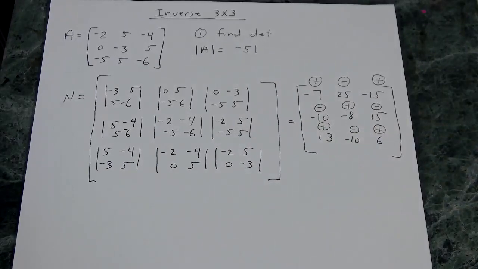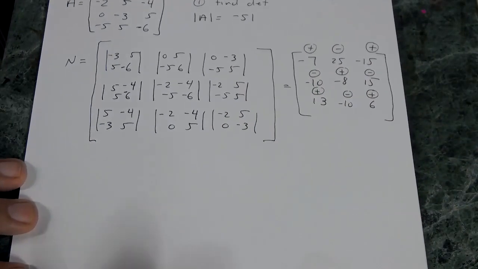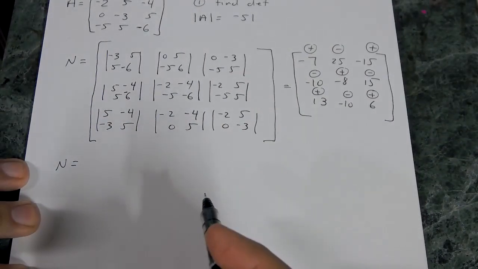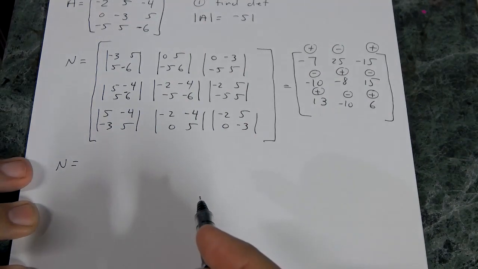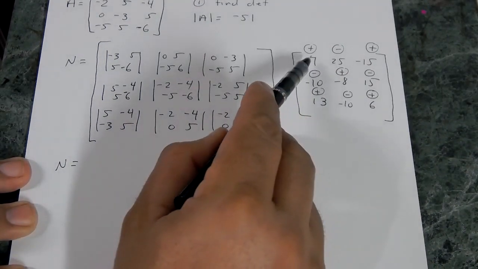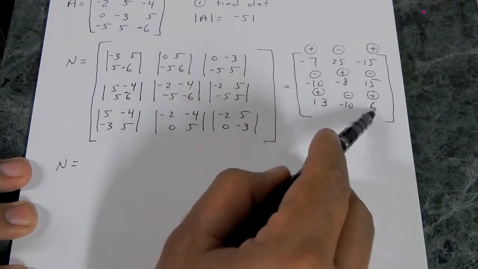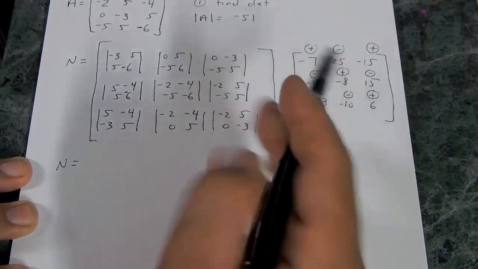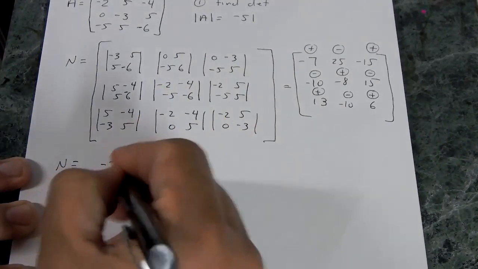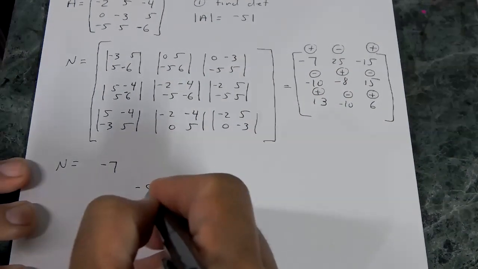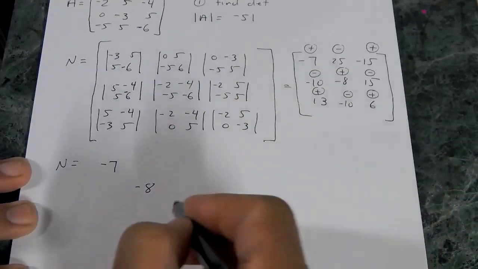All right, so this new matrix M is going to become, what you're going to do is you are going to take this main diagonal, the 7, the 8, and the 6. Do you see that main diagonal? So this becomes a negative 7. This becomes a negative 8. This becomes a positive 6.